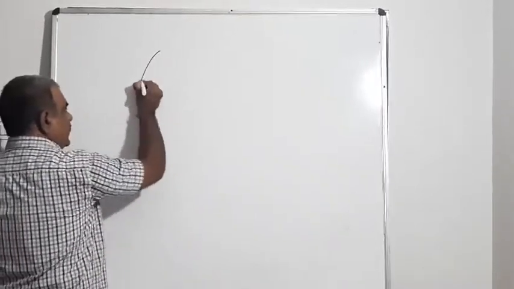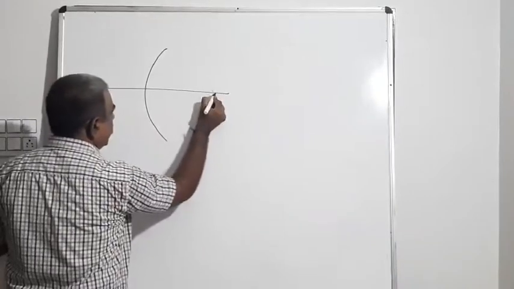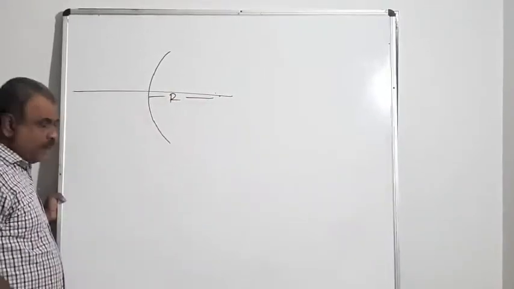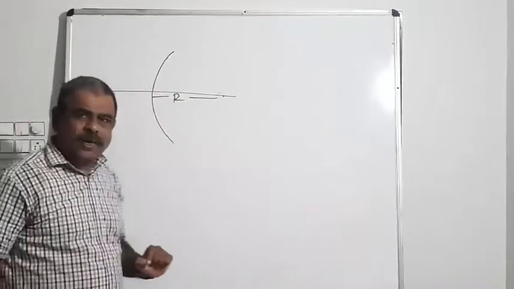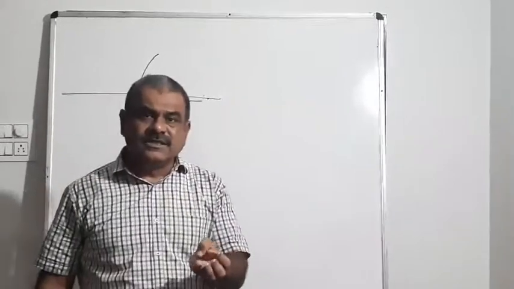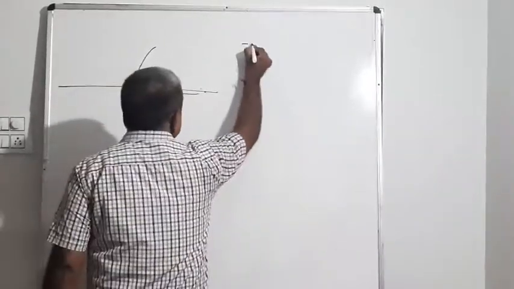Again, consider a spherical refracting surface having radius of curvature r. We have already derived the formula for the relation between object distance, image distance as well as radius of curvature. What was that?